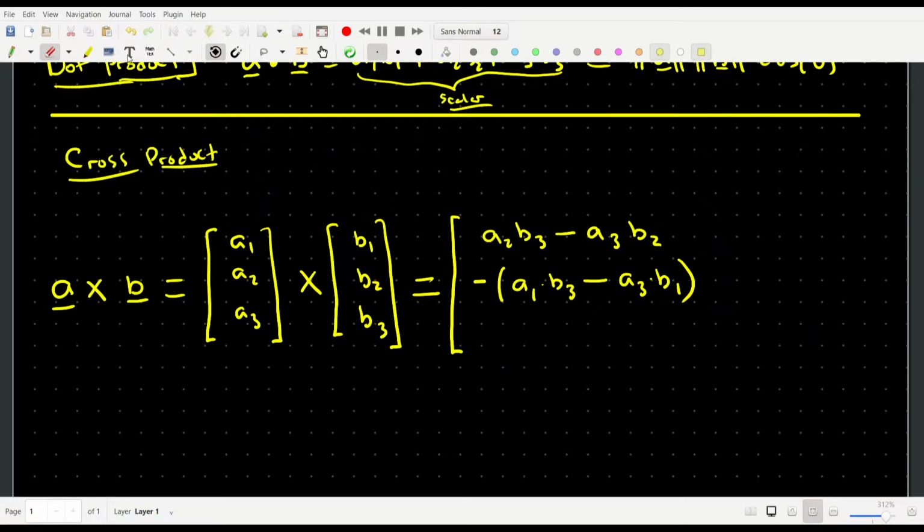And then lastly, the third component we get by crossing off the third row and doing the multiplication and then subtraction of A1 times B2 minus A2 times B1 with no negative sign. So just A1 times B2 minus A2 times B1.